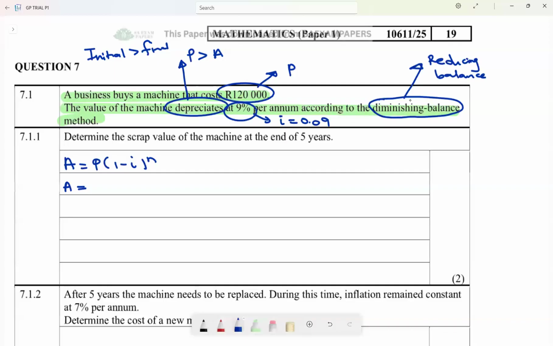So 120,000 into 1 minus the interest, 0.09, to the power of how many years? 5 years. And then your accumulated amount will be reduced to 74,883.86. So substitution and answer.